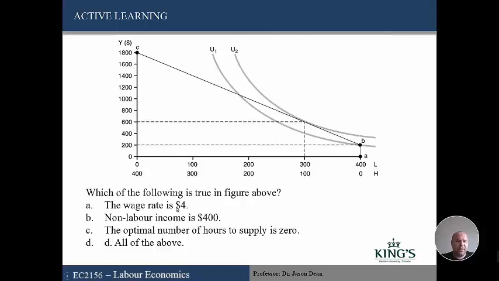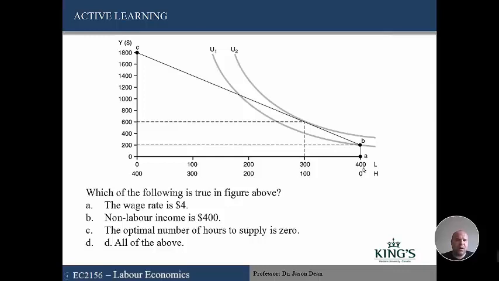What about the wage rate? Okay, so this is saying the wage rate is $4. So if the wage rate is $4, then we can calculate what this point C would be. We're going to take 4, multiply it by 400.